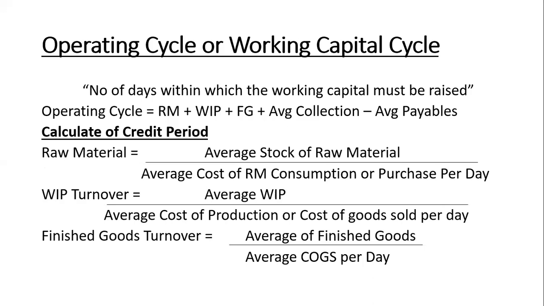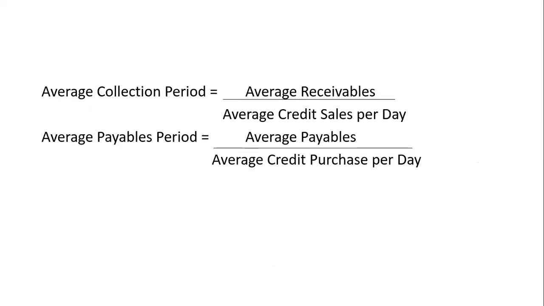Raw material turnover is average stock of raw material divided by average cost of raw material consumed or purchased per day. Work in progress turnover is average work in progress divided by average cost of production per day, or if not given, you take cost of goods sold per day. Finished goods turnover is average finished goods divided by average cost of goods sold per day. Then average collection period means the debtors, and average payable is the creditors. Debtor is average receivable divided by credit sales per day, and creditor is average payable divided by average credit purchase per day. Okay.